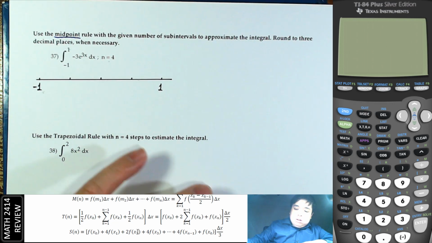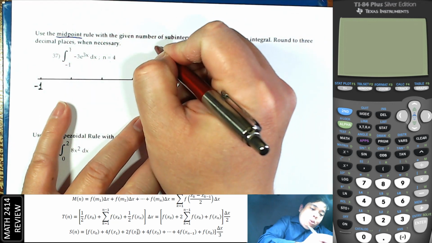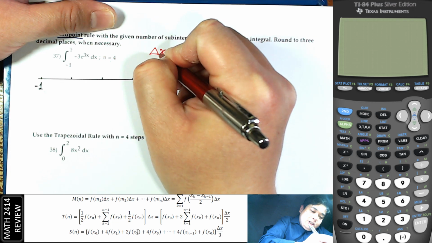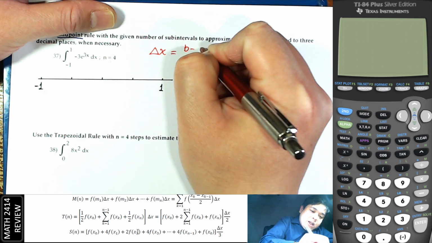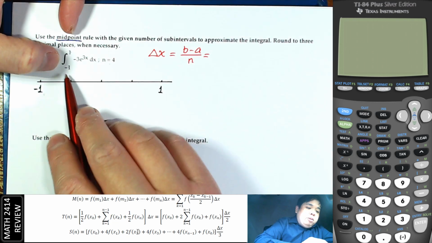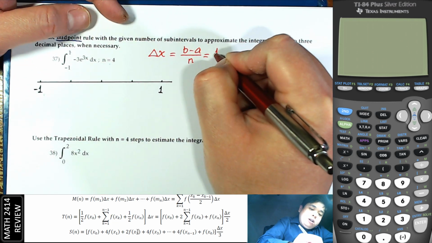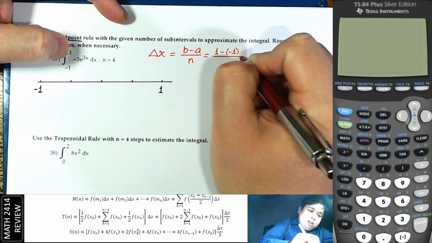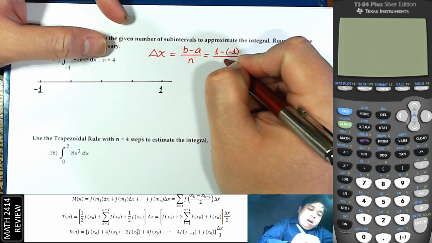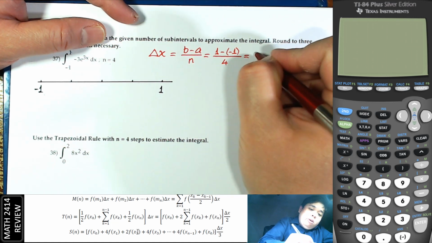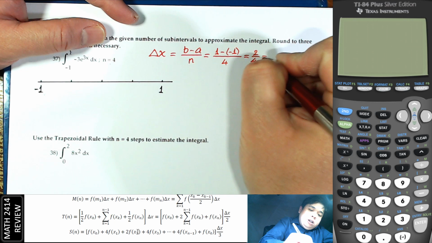Right, first we'll determine the delta x, the width of a sub-interval, b minus a over n. From -1 to 1, so we take 1 minus -1, divided by n is 4, so that is going to be 2 over 4, 0.5.